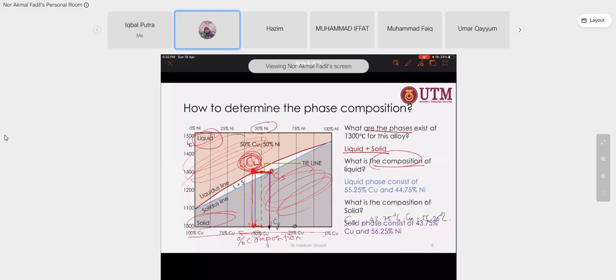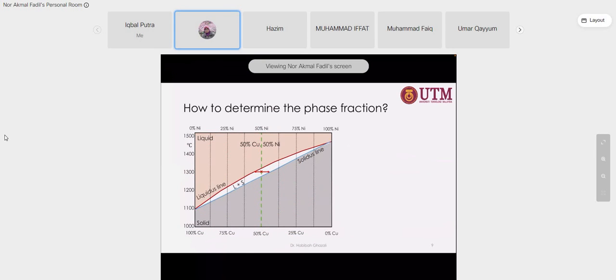So you can draw a tie line and then look at the composition here at the x-axis. Just read it. Very simple.